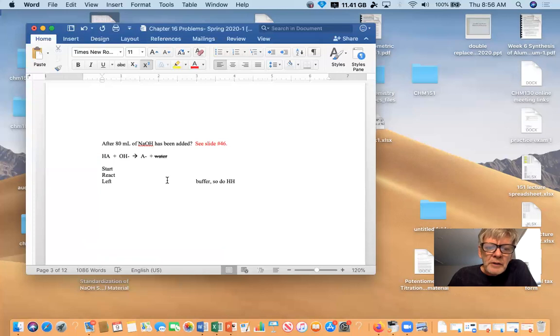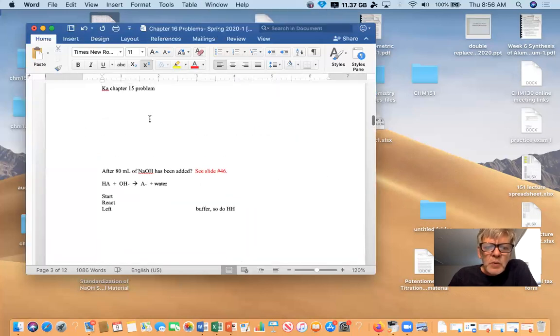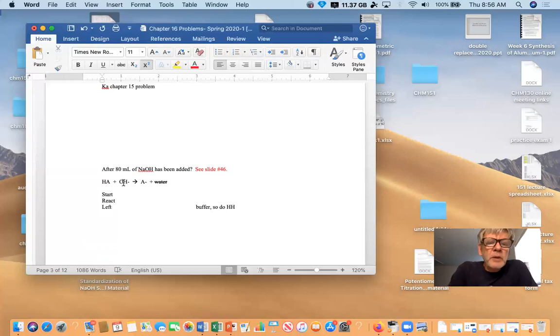In a buffer reaction, you can be left with the buffer. In a titration, you can be left with just one component and you're at the equivalence point. In a buffer, you can be left with just one component. And in a titration, you can be left with excess component. And in a reaction of a buffer, you can be left with excess component. So if you focus in on what you're left with, you'll see there's a lot of similarity between doing an acid-base titration and doing a reaction of a buffer.